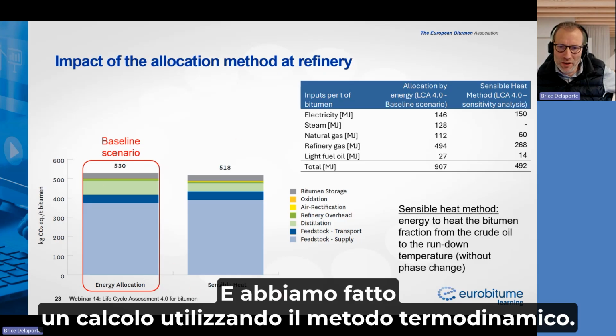And we made a calculation using the sensible heat method.